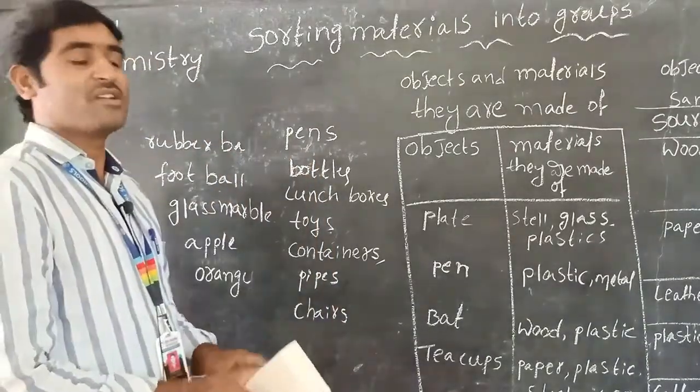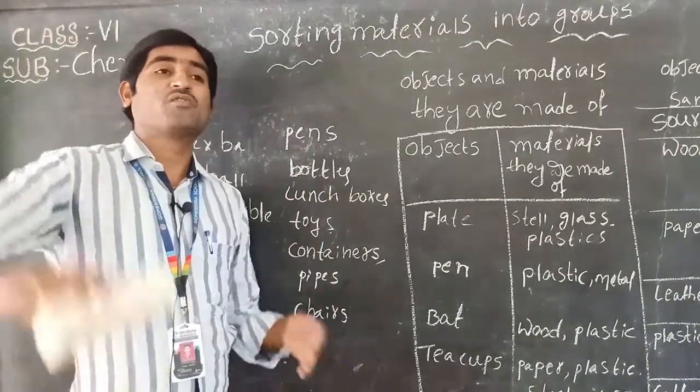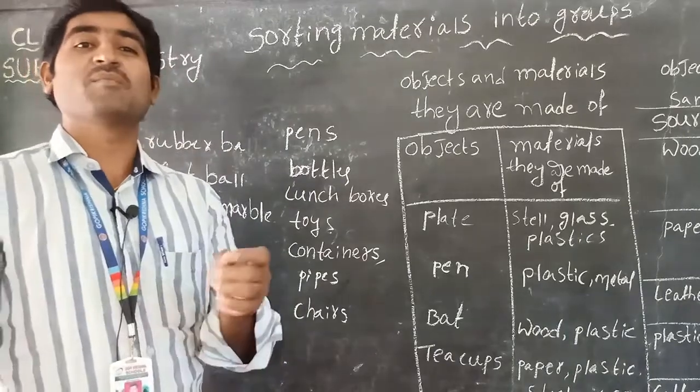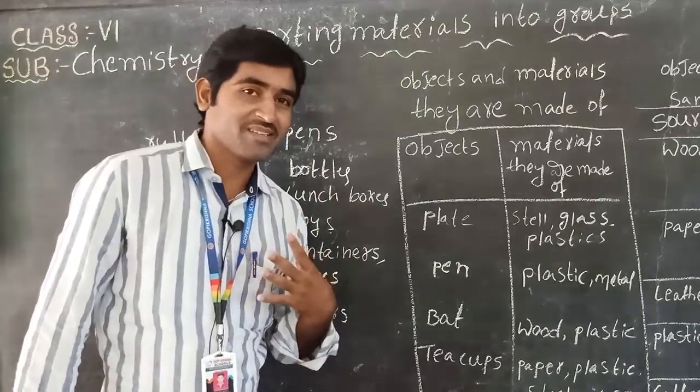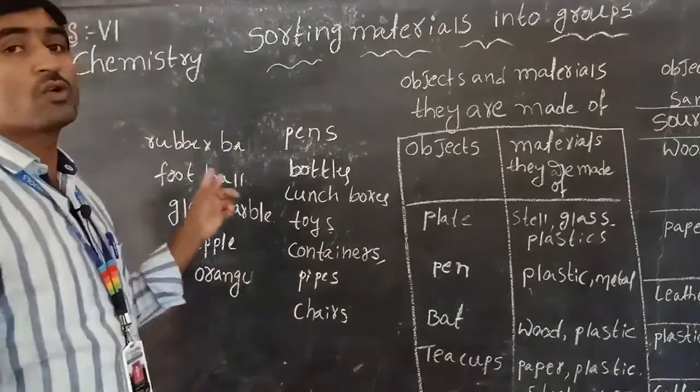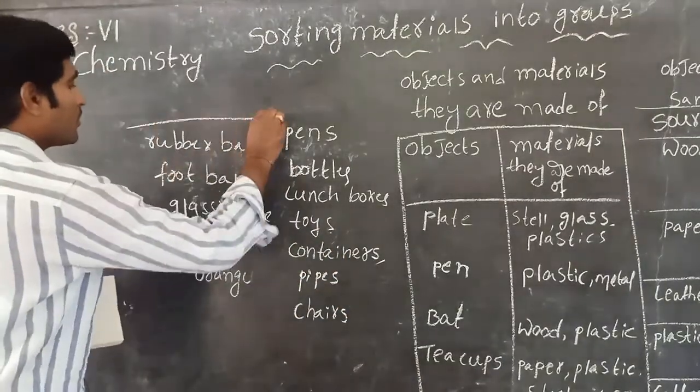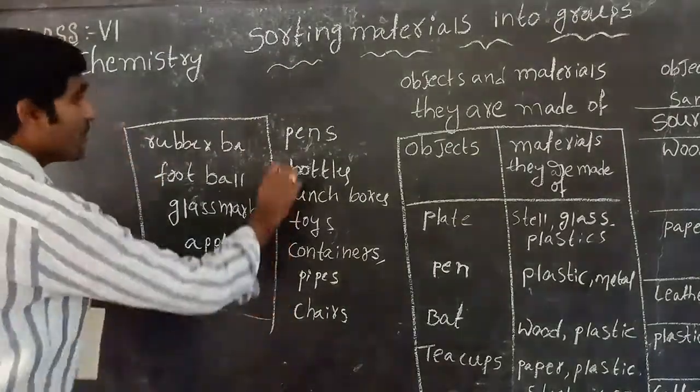Like this, our list may become very large because a large number of plastic things we are using nowadays. Yes or no? Yes. Here we wrote two lists. On what basis did we make these two lists?